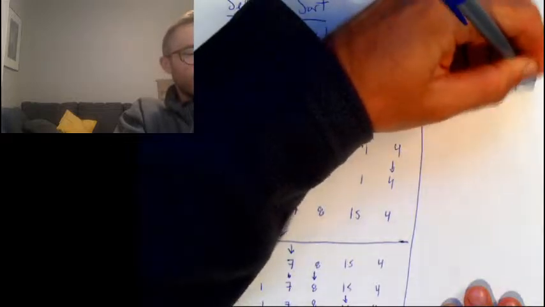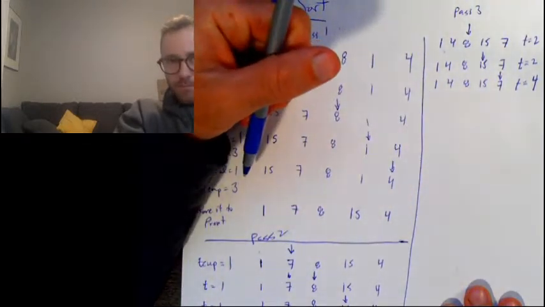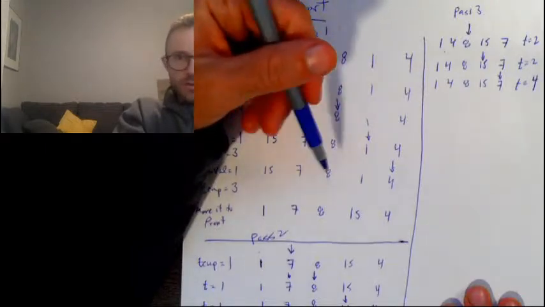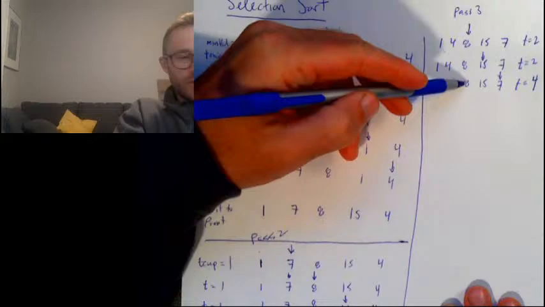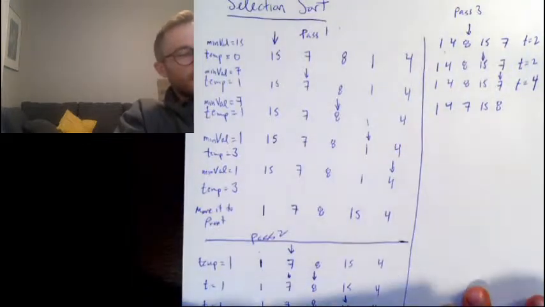So my temp is now 4. And I've gone all the way through the array a third time. So now I'm going to move this one to the front of the unsorted part. Okay, so I have 1, 4, 7, 15, 8, like that. So I did my swap.